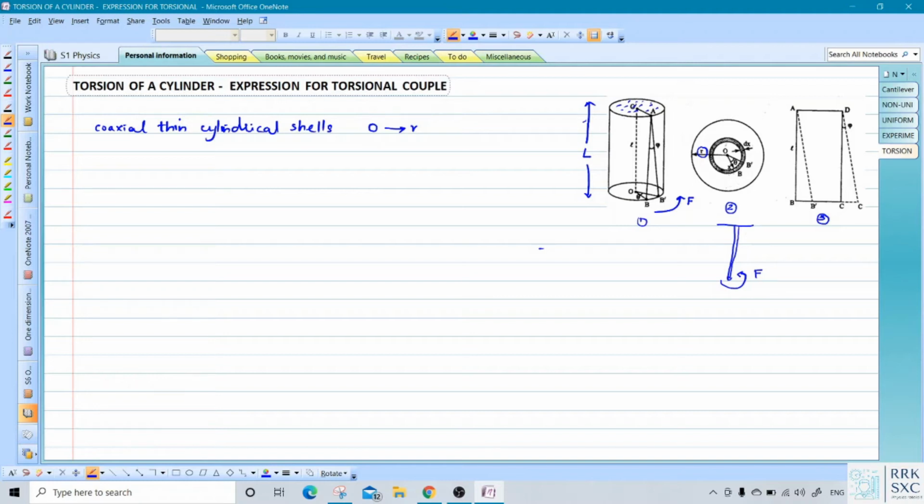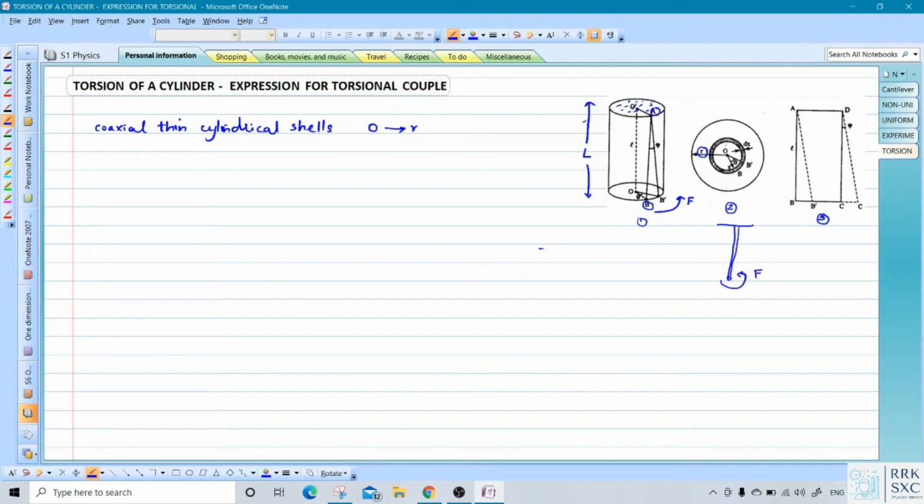Now you can see a line AB here. A at the top and B at the bottom. Before twisting, this AB is parallel to the axis OO dash. But when you apply a twisting couple, that is F, as shown in the figure, the cylinder undergoes a twist, and as a result of that twist, the point B takes a new position B dash.